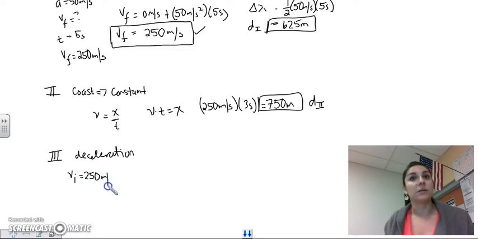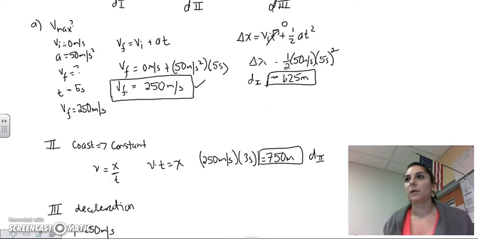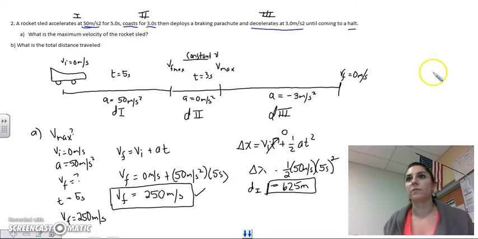Notice that it doesn't tell you this. This is something you have to assume, and you have to assume logically, of course. We do have the acceleration, which is the -3 meters per second squared. Notice once again that I added the negative to represent the deceleration or the slowdown. And I think that is it in terms of information.